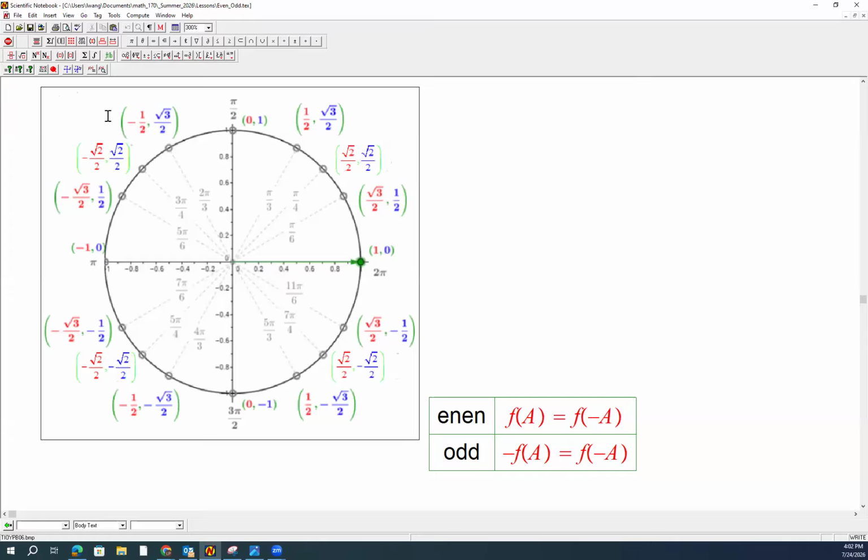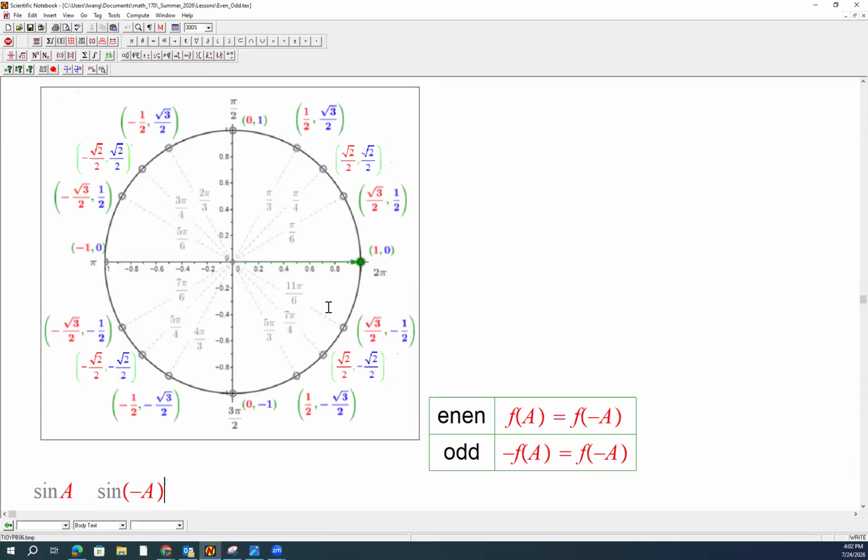What we're going to see is how sine of angle A is related to sine of the opposite of A.